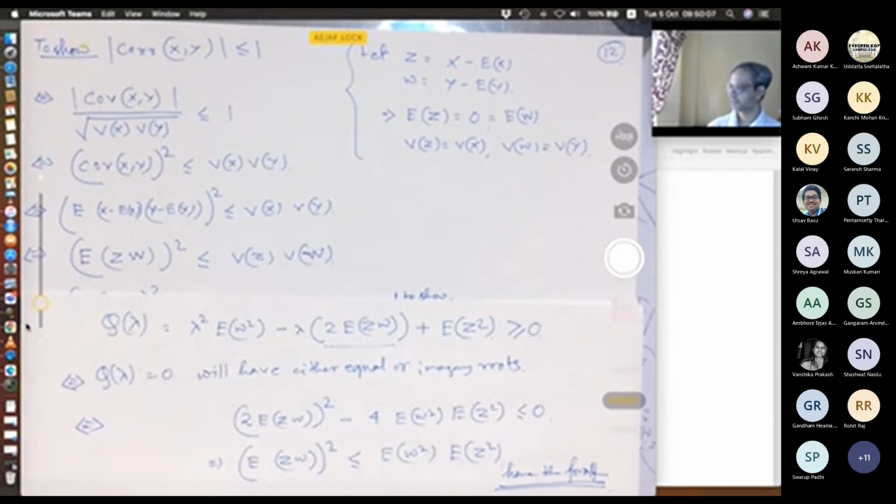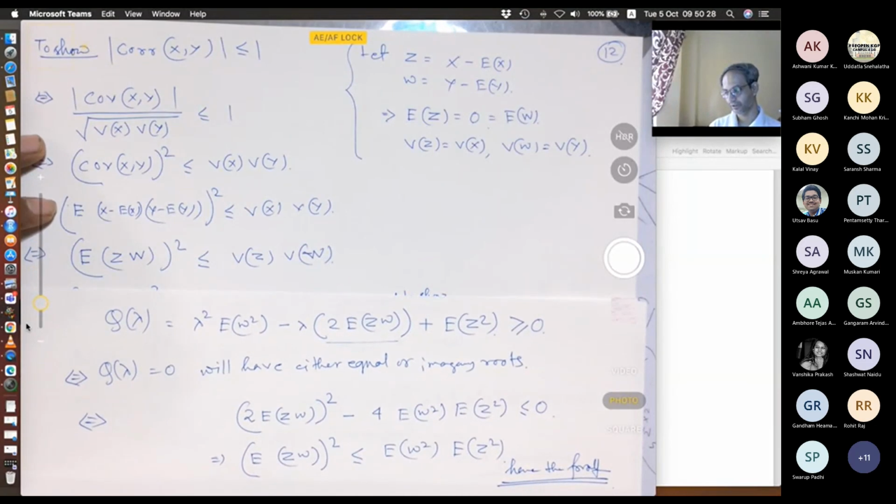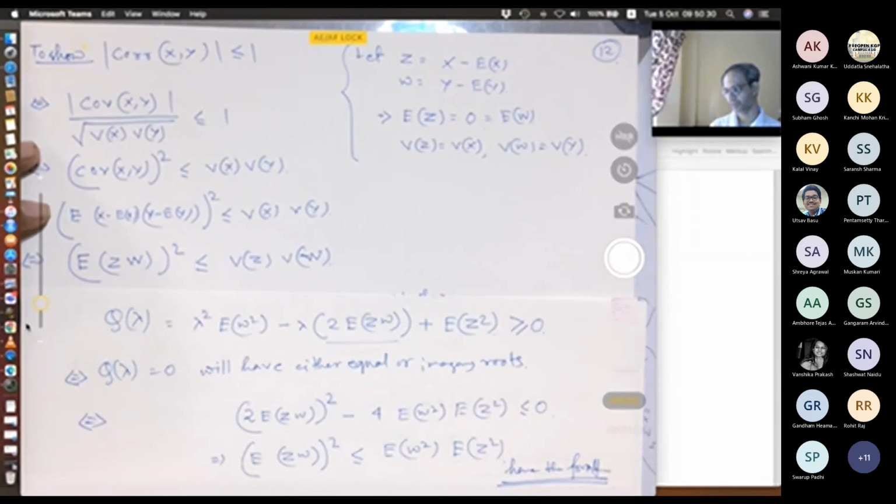So this is the proof. And as we are doing this, let us say again, when will the equality hold? When the strict equality holds, it is either +1 or -1.